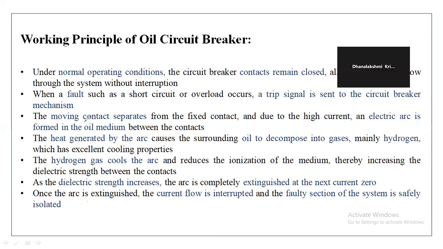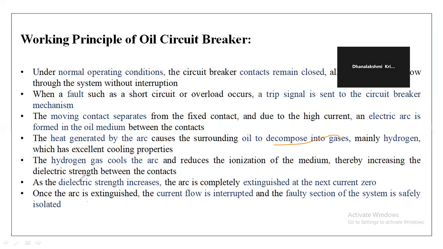An electric arc is formed in the oil medium between the contacts. The heat generated by the arc causes the surrounding oil to decompose into gas, mainly hydrogen gas. Hydrogen gas has excellent cooling properties.